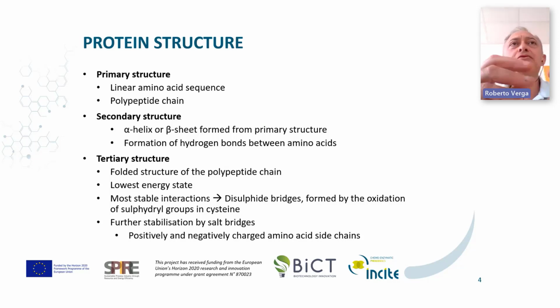With the primary structure, we consider the amino acid sequence of the protein, starting from the N terminal up to the carboxylic terminal. N and C terminal. And in the middle, you have all the sequence of amino acids.